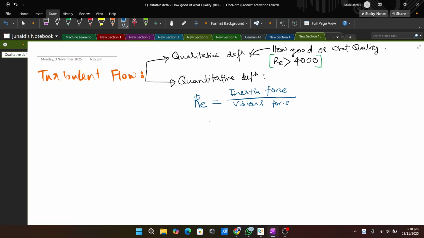So from here, we can see that if the inertia is very much greater than the viscous force, the value of the Reynolds number is very high. In that case, as the Reynolds number is very high, the flow becomes turbulent in nature. So this is my quantitative approach, and based on the Reynolds experiment and its value, that is my qualitative approach.